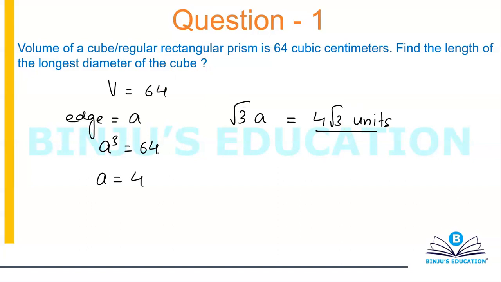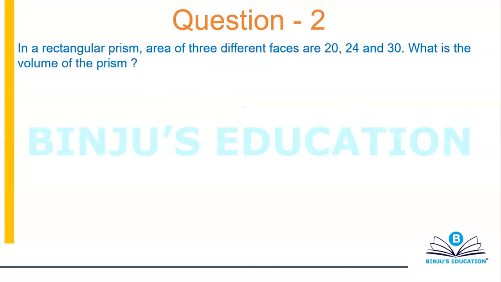Let's move on to question number 2. Pause the video and try this question, please. So we have a rectangular prism. They're not using the word regular, so probably it's a cuboid.